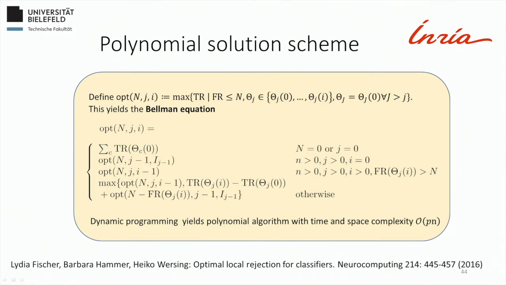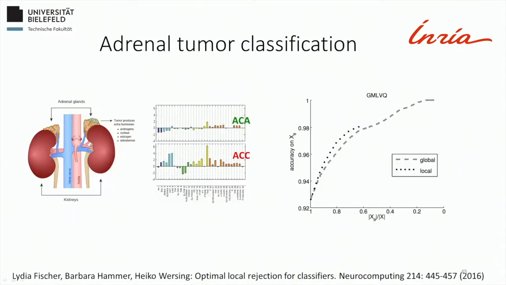Let me show you what this would yield, for example, in a medical application. This is a challenge to detect or classify adrenal carcinoma versus adenoma based on steroid markers in a medical domain, where of course you would like to have a high accuracy to get that correct. If you don't reject, you have 92% accuracy on a test set or in a cross-validation.